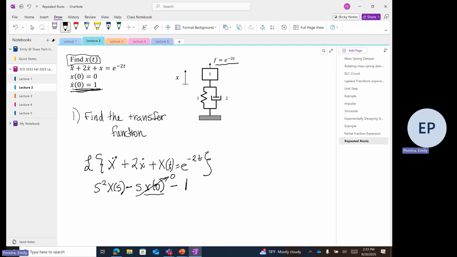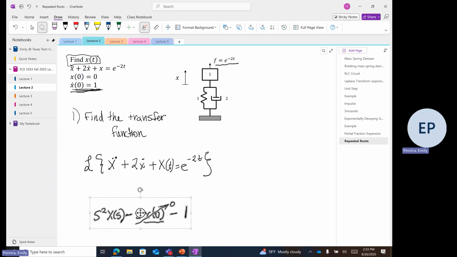Okay, so that's the Laplace transform of this term. So again, we're using that property of linearity. Maybe I can go back here a step. Okay, if I move this down here a second.